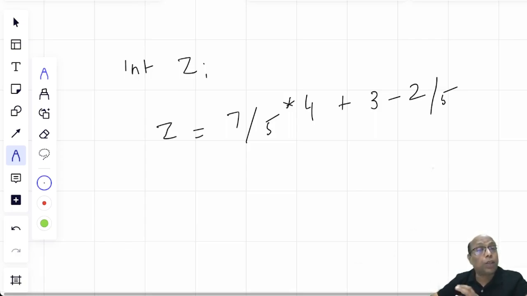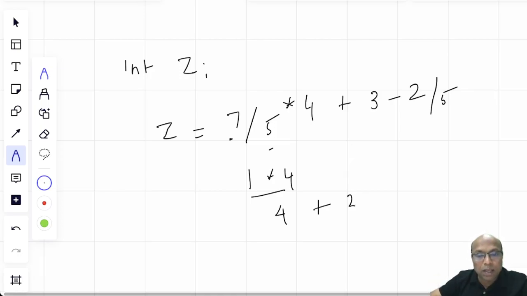The actual way the expression is solved, I will teach you after all the operators. Right now, see, 7 by 5: 7 is an integer, 5 is an integer. Therefore 7 by 5 would be 1, into 4. 1 into 4 is how much? 4.